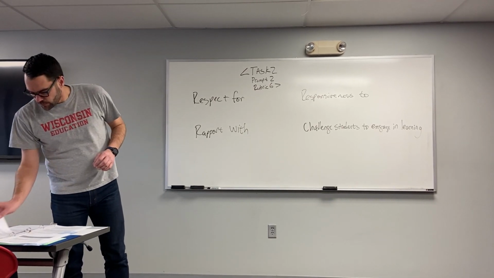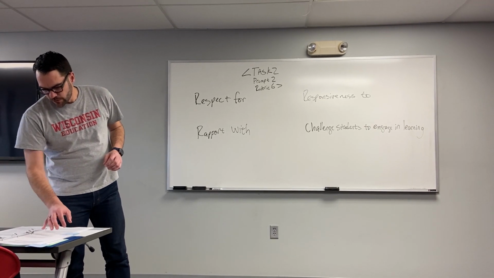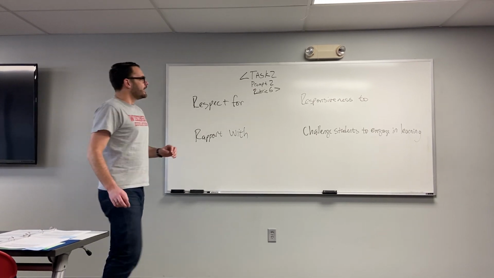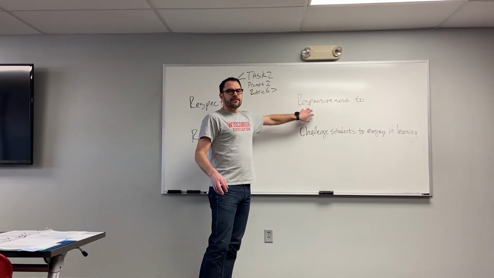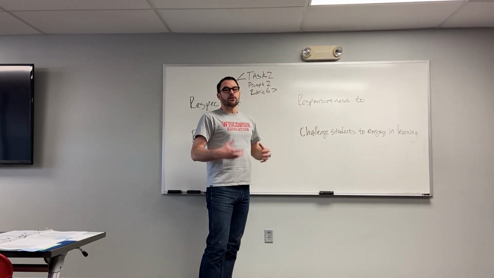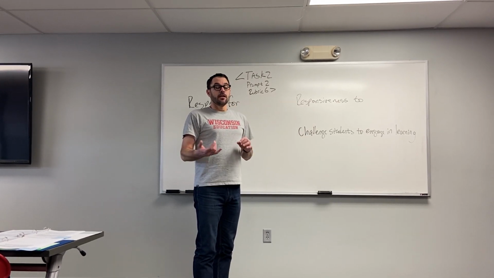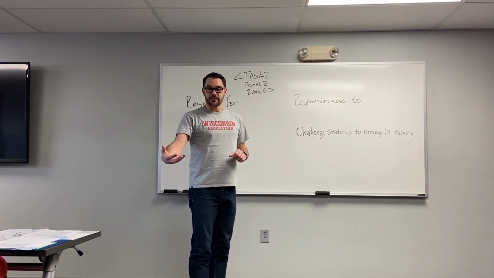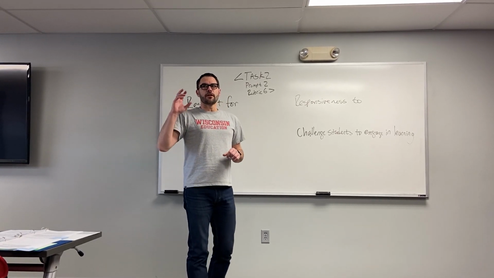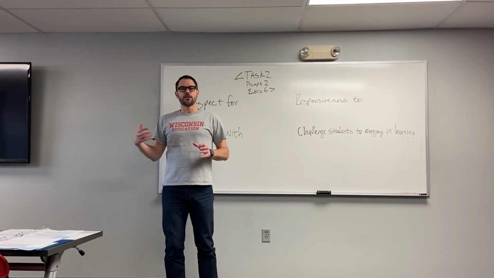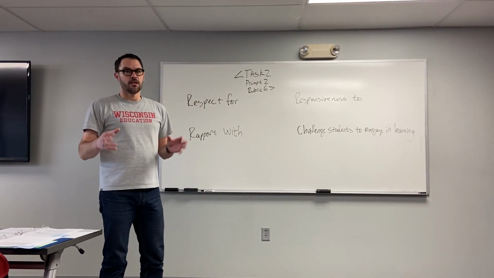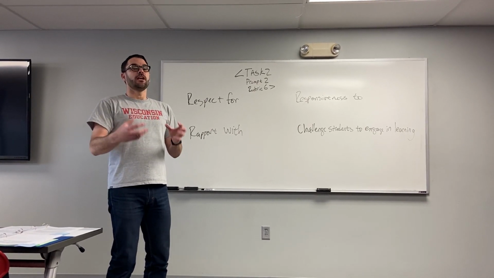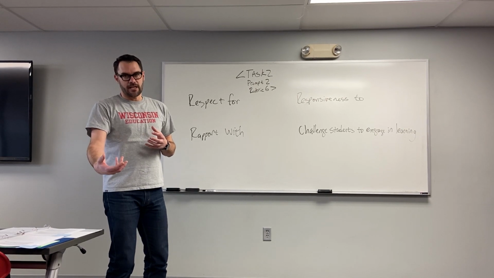Next, we're moving to responsiveness to. With this piece, the students demonstrate some sort of need and you are attending to that need. It could be a student asking a particular question and you answering it and assisting them. It could be a student not even specifically asking, but you noticing that there is some need, maybe with student grouping or students not really understanding instructions, and you assist and provide a secondary explanation.